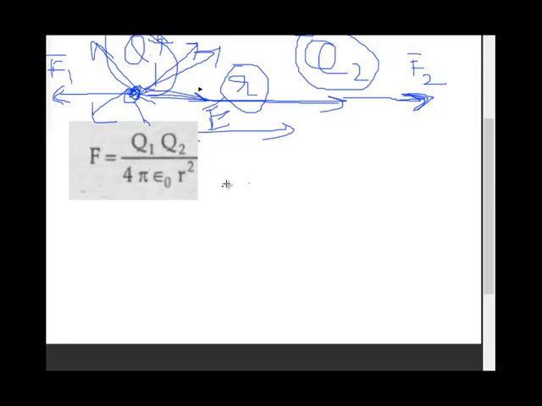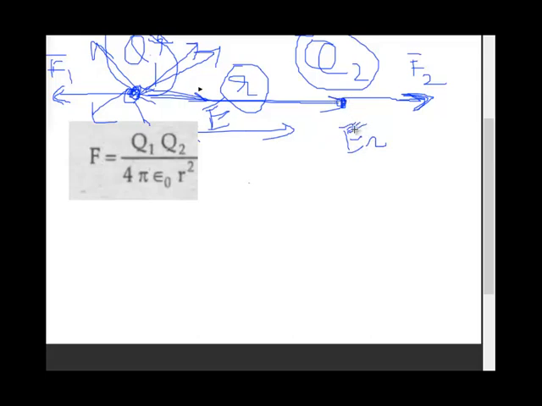Then the electromagnetic field of charge Q1 is experienced at point Q2. It is E2, the electromagnetic field present at point Q2.